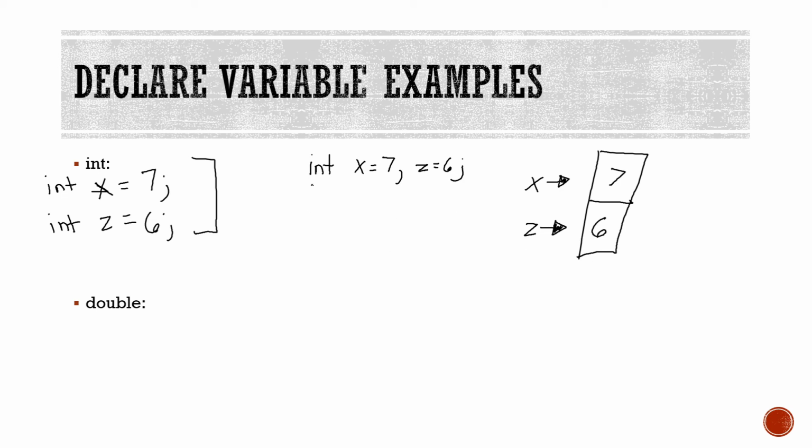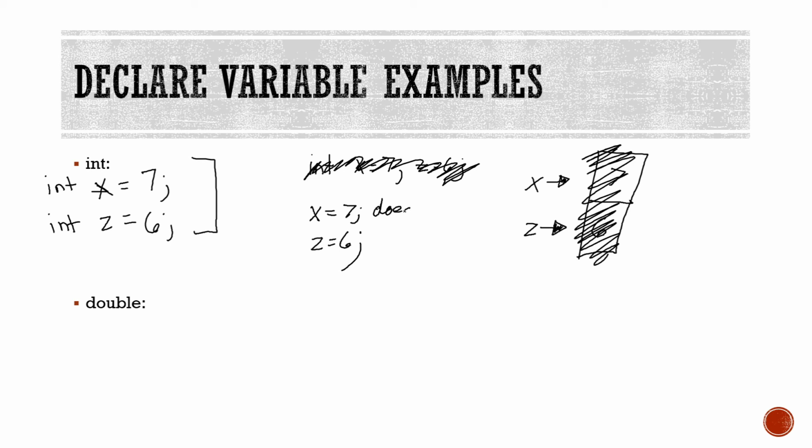But let's say I never declared those. Let's say I just put x equals 7 and z equals 6. What happens is this does not happen whatsoever. We didn't declare, we didn't allocate space in memory, so this has nowhere to go. This is not stored.